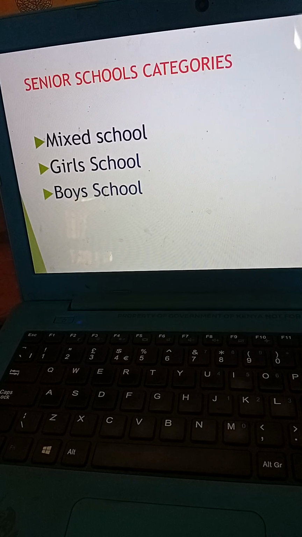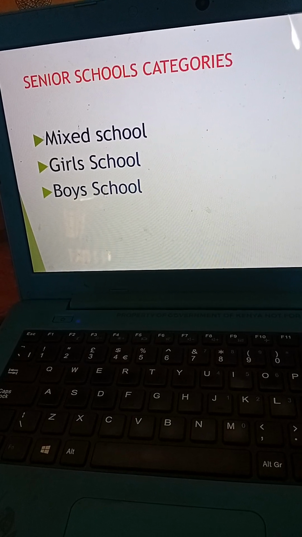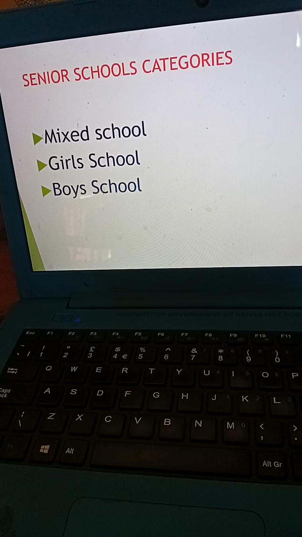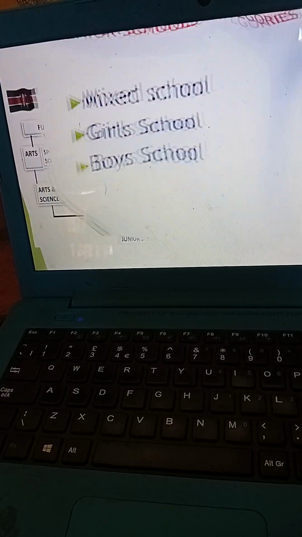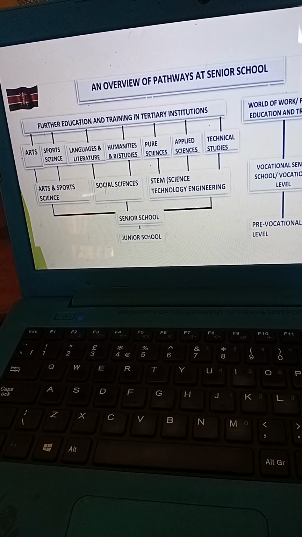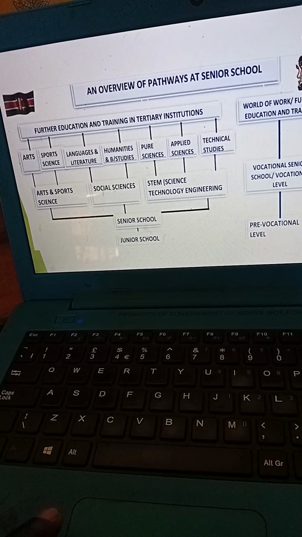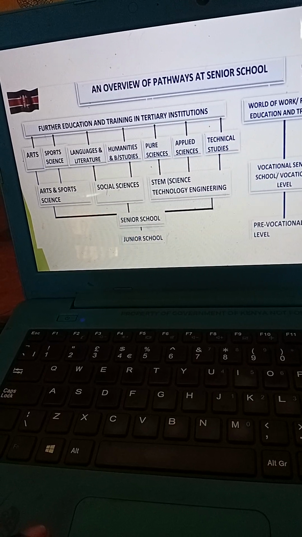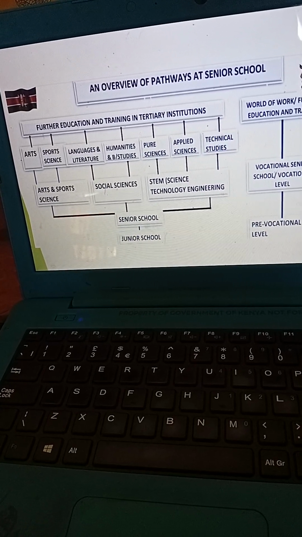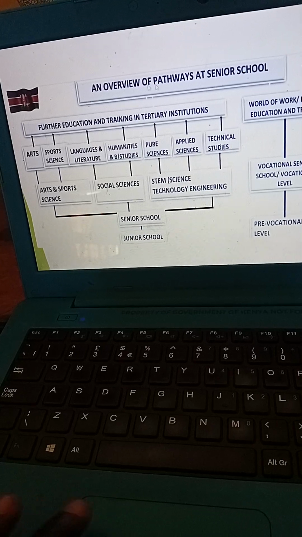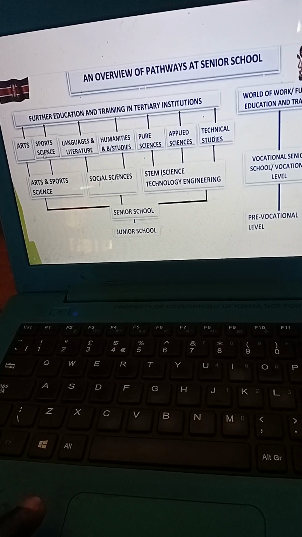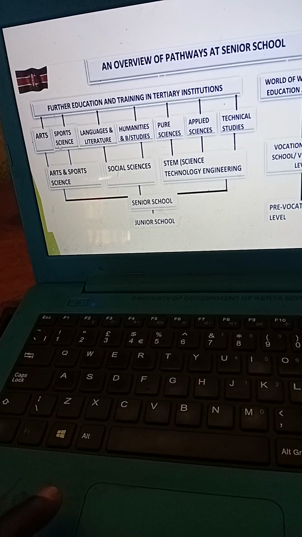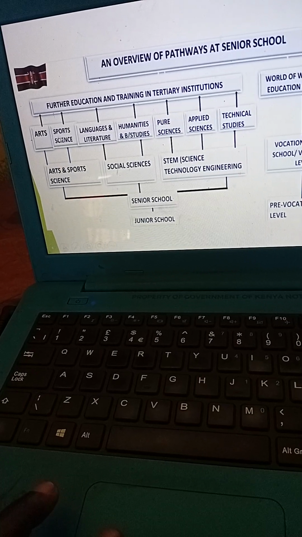Then senior school categories: there are 3 categories, mixed, girls schools and boys schools. And then when you go to senior schools, these are the pathways that the senior schools will offer. We have arts and sports science, which is divided into 2 tracks: arts and sports science.